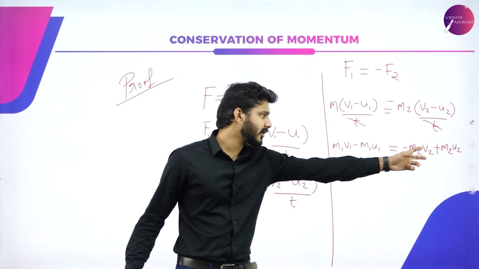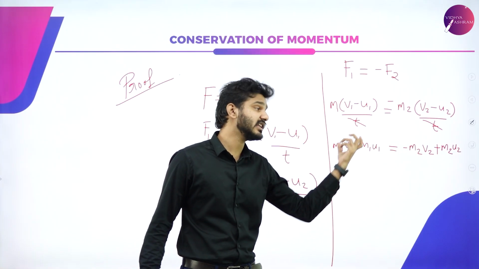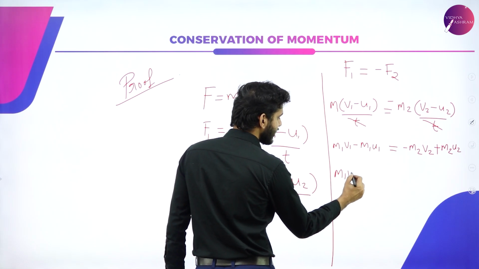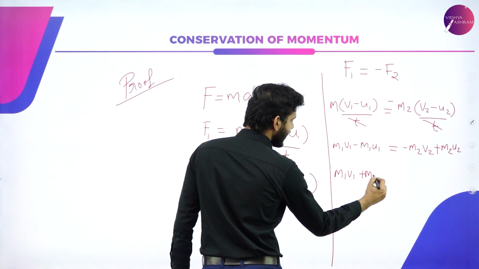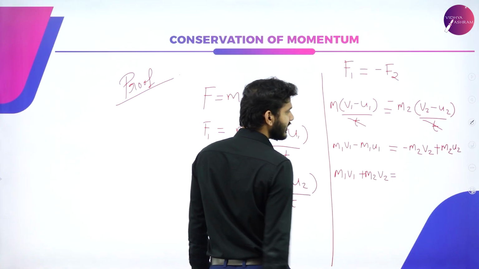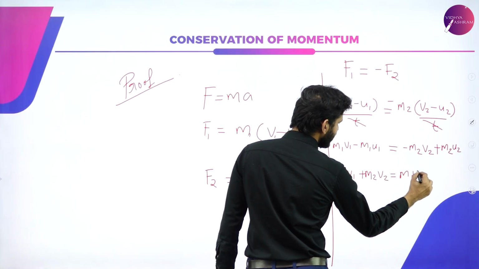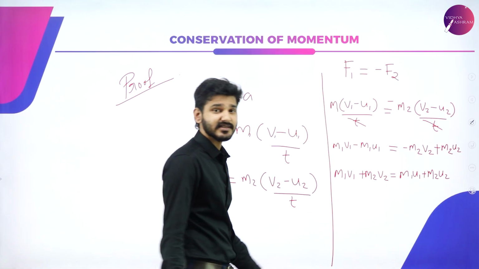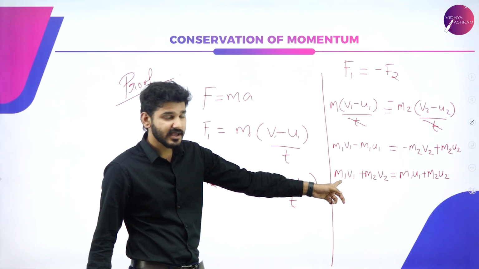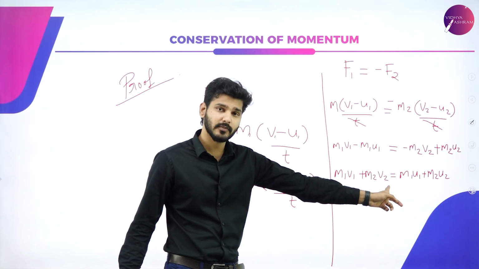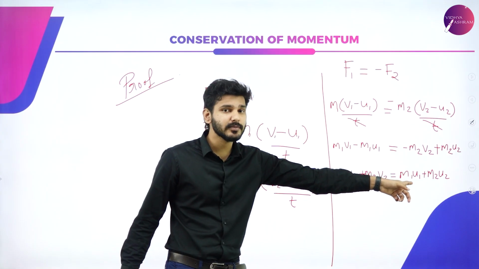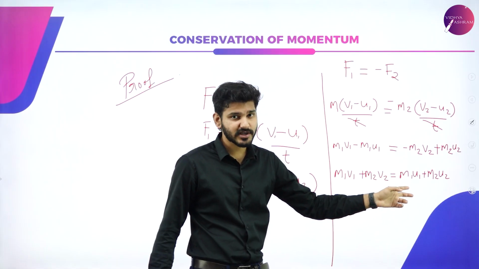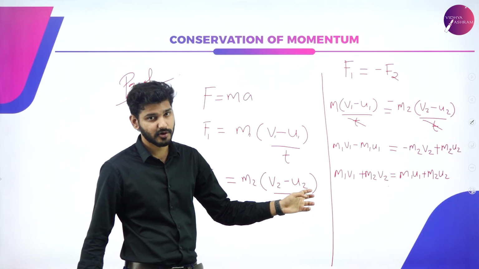Now, taking the final velocities together and the initial velocities together, I can write it as m1v1 plus m2v2 is equal to m1u1 plus m2u2. Simply, this is the momentum of the first body and this is the momentum of the second body. On the right-hand side you have the initial momentum of the two bodies, and here you have the final momentum of the two bodies.